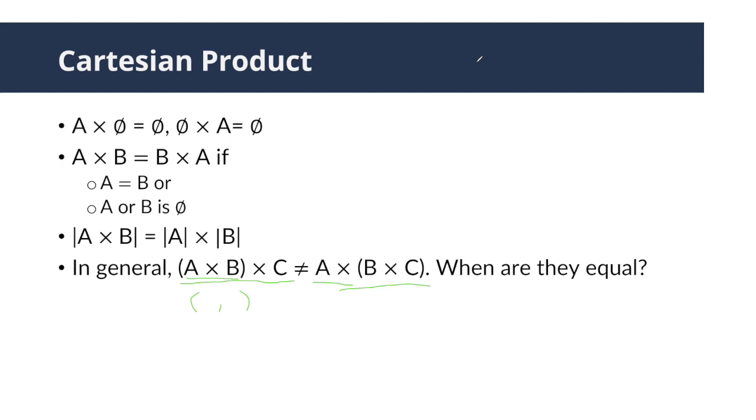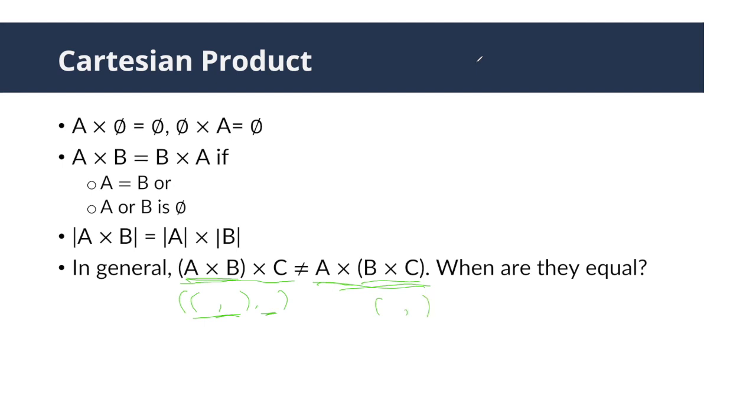And then when you cross C, each element will be something like this: this is from A cross B, and this is from C. But for B cross C, each element will be in the form of an ordered pair.